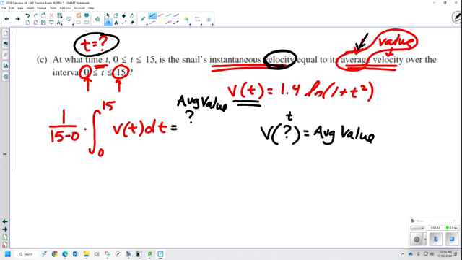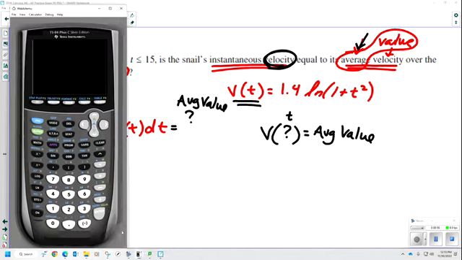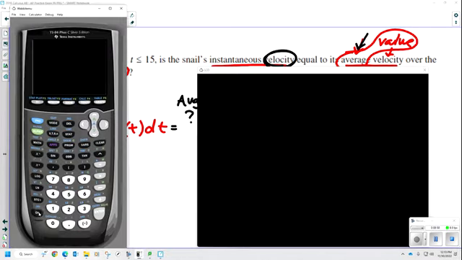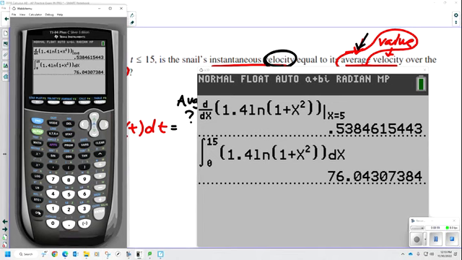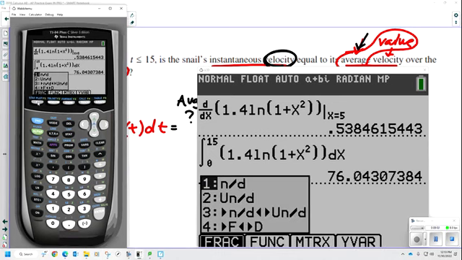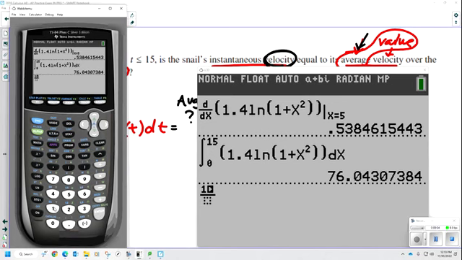Okay, so first, let's put this average value integral in the calculator, and get a number. Let's go alpha y equals enter. And I'm going to type it in just as I have it written. I mean, we'll put the 15 minus 0 there. Math 9.